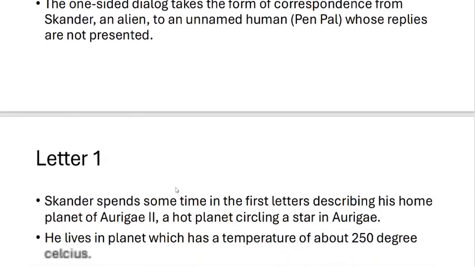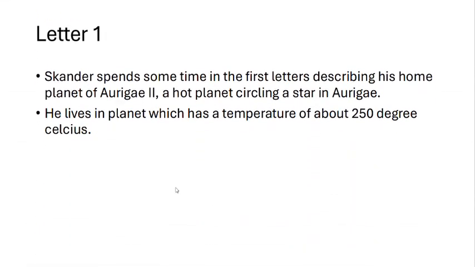Moving forward, students. So, what has been described in letter 1? Just look at the points. Skander spends some time in the first letter describing his home planet of Origo 2, a hot planet circling a star in Origo. So here in the first letter Skander reveals that he belongs to the planet Origo 2.